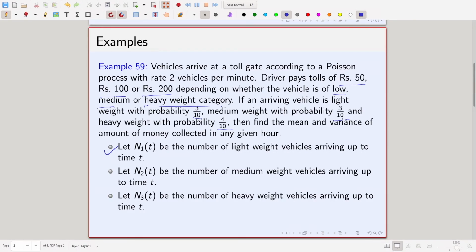Now, let N1(t) be the number of lightweight vehicles arriving up to time t. Let N2(t) be the number of medium weight vehicles arriving up to time t. Let N3(t) be the number of heavyweight vehicles arriving up to time t. Again, this is a case of Poisson thinning.